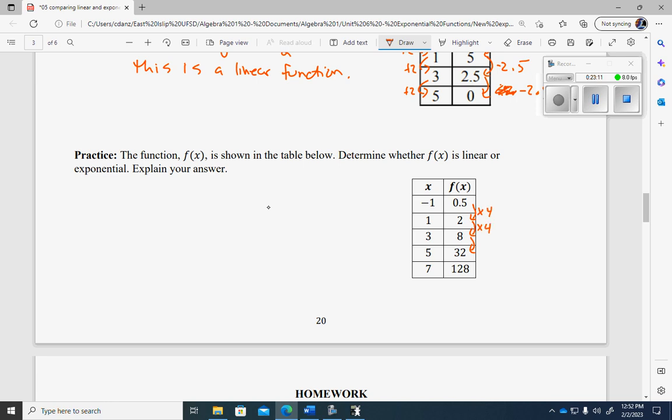It feels like I might want to say the multiplying factor is 4. It's actually not, because look, it's not multiplying by 4 for each one x. This is going up by 2. So this is kind of like a trick. Not crazy about tricks. The multiplying factor is not 4. The multiplying factor is actually 2.